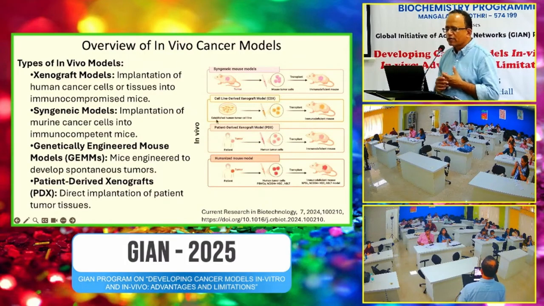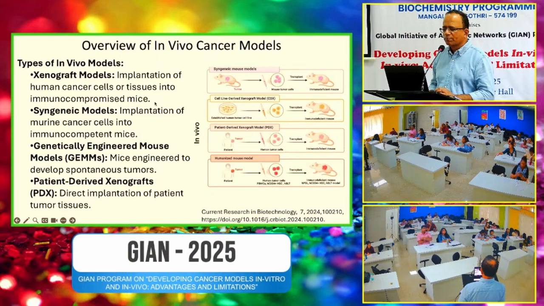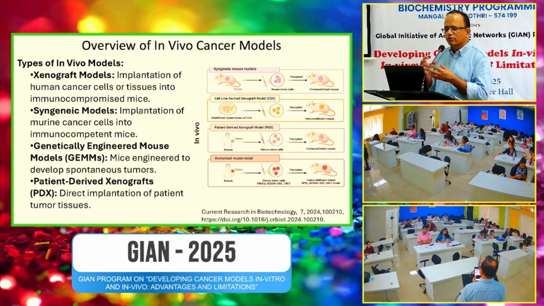So in the xenograft model, we implant human cell lines or tissues into immunocompromised mice. Because you are using human cell lines, the mice are immune compromised, so you're basically just testing them, that's all. You are not mimicking the whole microenvironment as it is in the human.